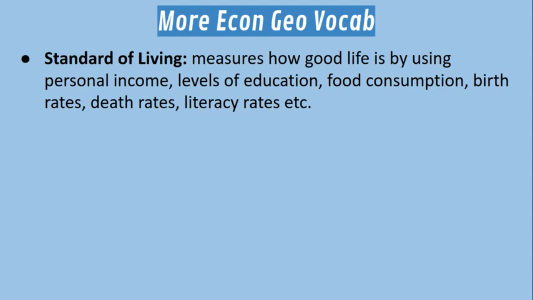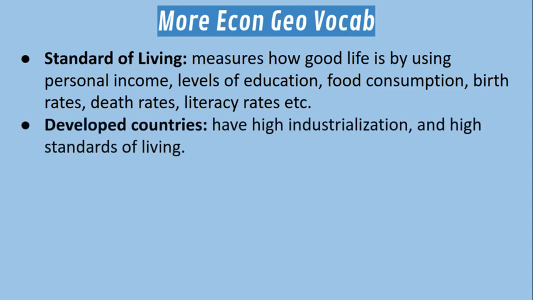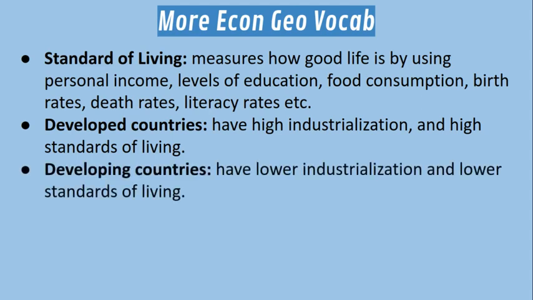So all of those things listed are going to be part of what allows people to accumulate material wealth within their lifetime. Developed countries are countries that have high levels of industrialization and high standard of living, whereas developing countries are countries that have lower industrialization and lower standards of living.